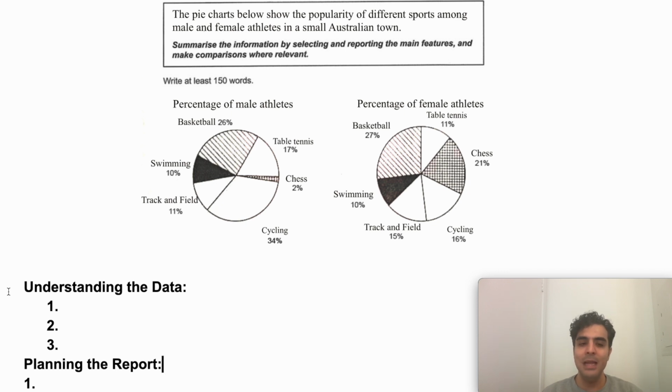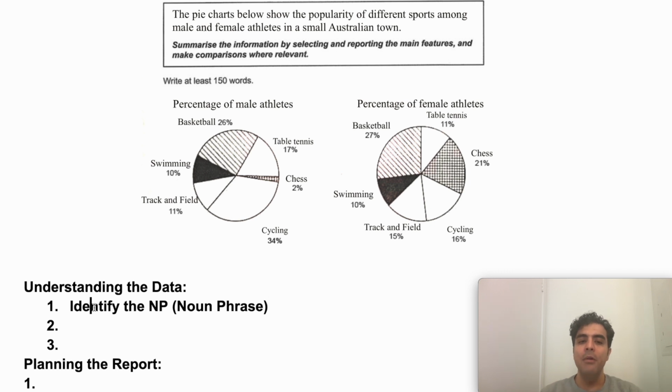So for understanding the data, the first thing that I want you to do, the first step, is to identify the NP. Now, what is the NP? NP stands for the noun phrase.